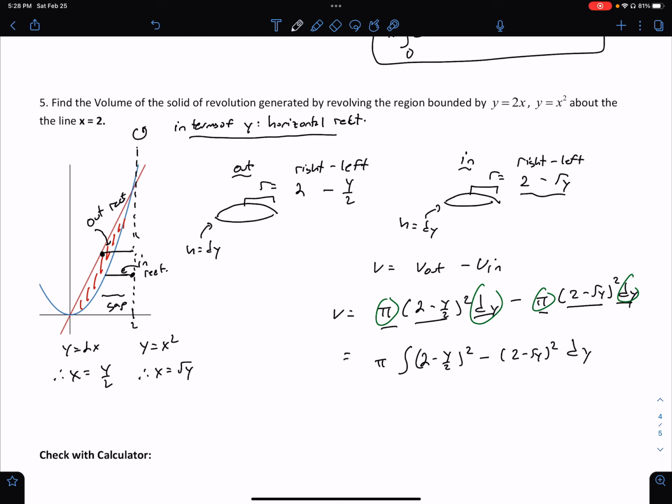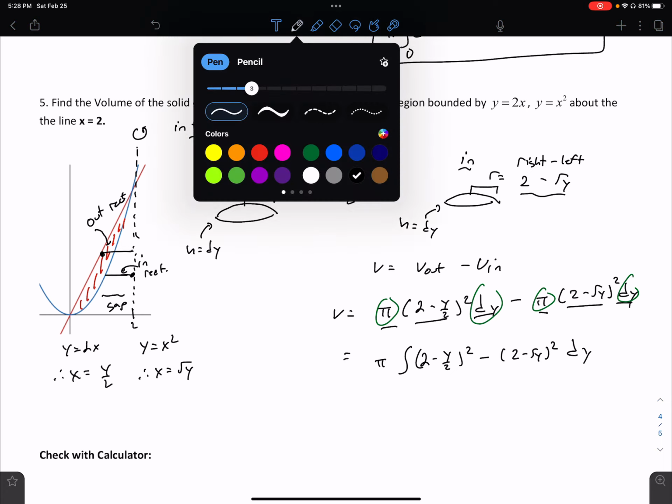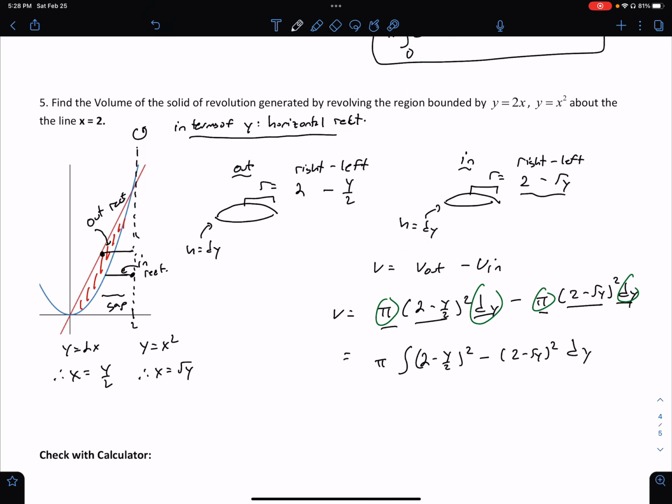And all I have to do now is find out where they meet. But be careful, we're in terms of y this time. So to get where they meet, I take y over 2 and set that equal to the square root of y. Solving it, if I square both sides, I just get y squared over 4 equals y, or y squared minus 4y equals 0.